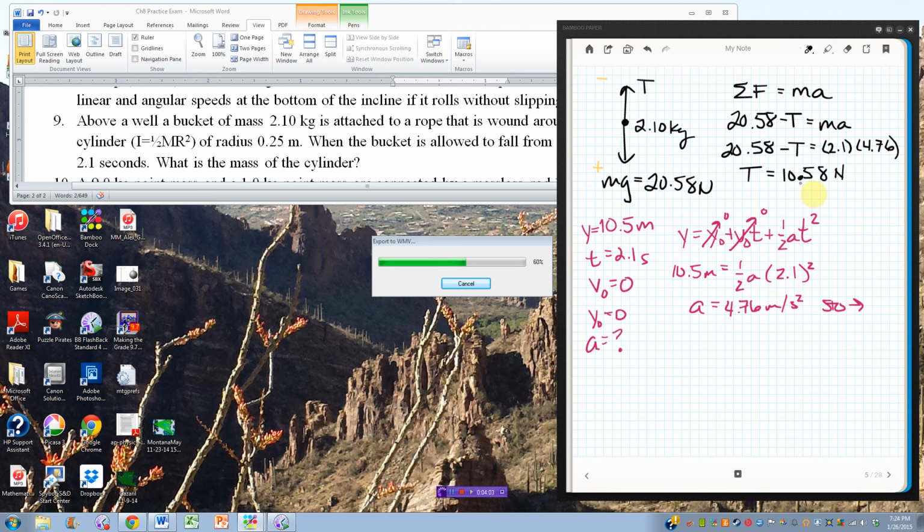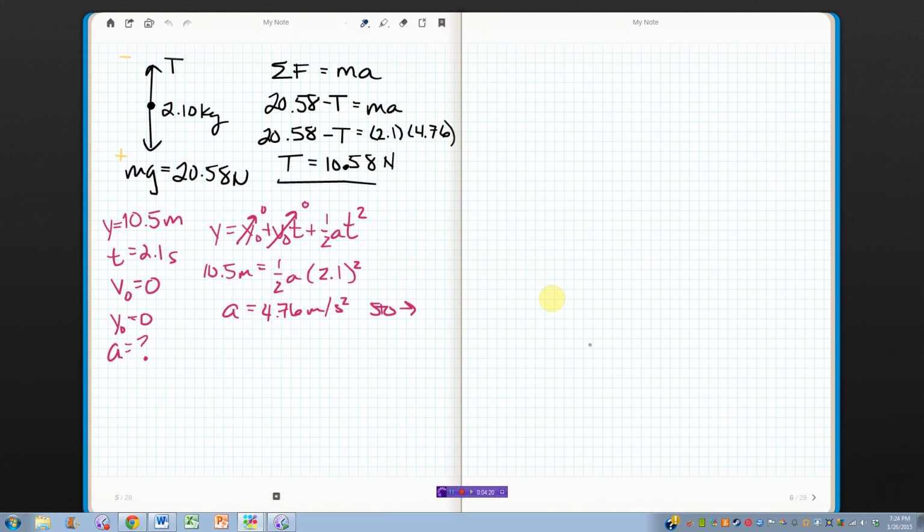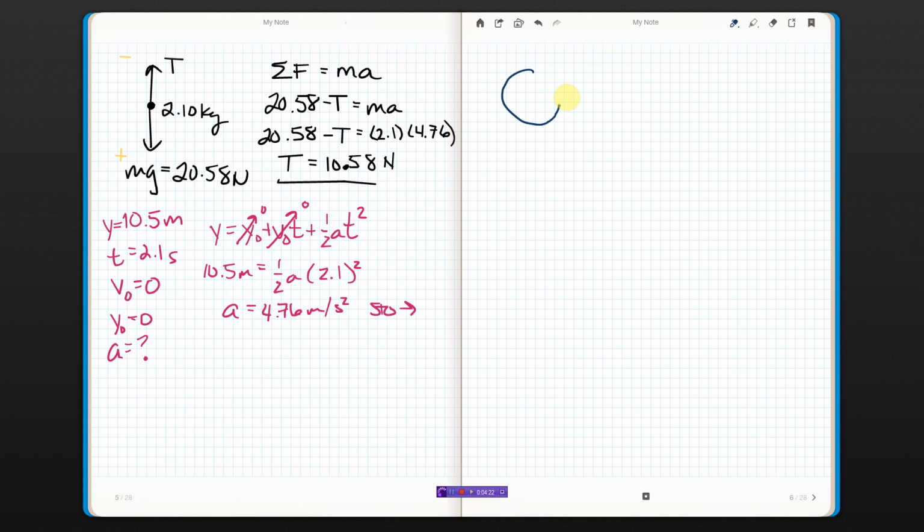We're just going to have that sit there for a little bit, and we're going to go back and look at the cylinder. For the cylinder, the only thing pulling on it is the tension, and it's pulling at a distance of r from the center of the cylinder.